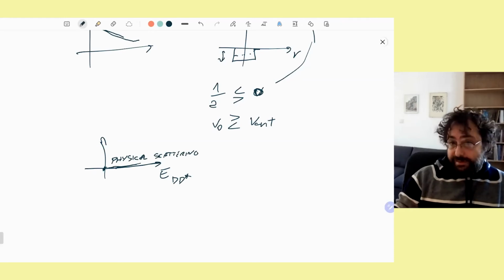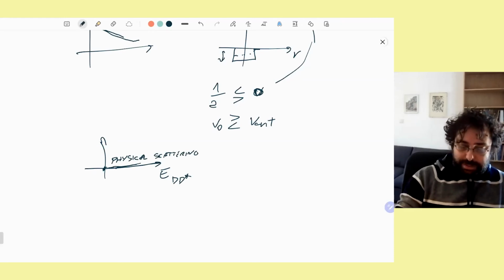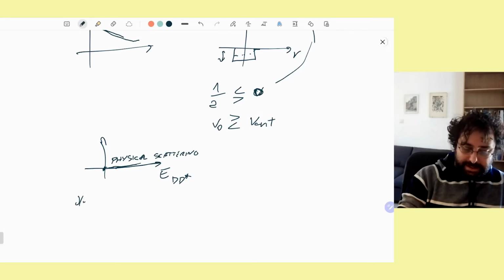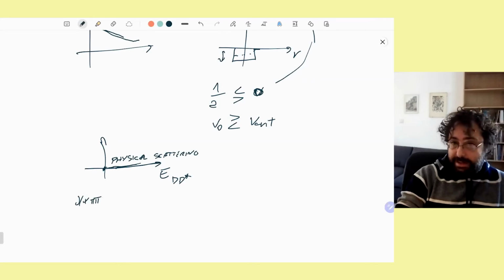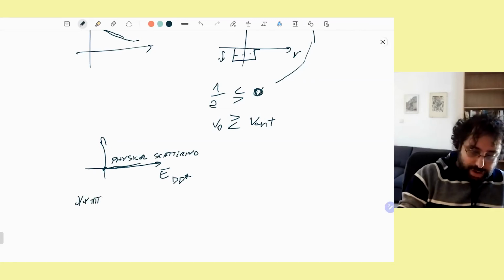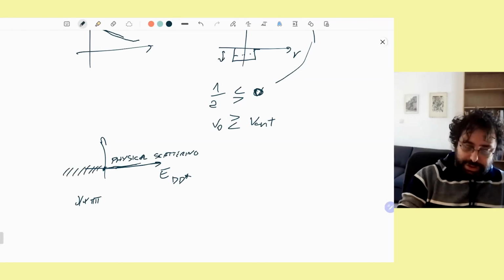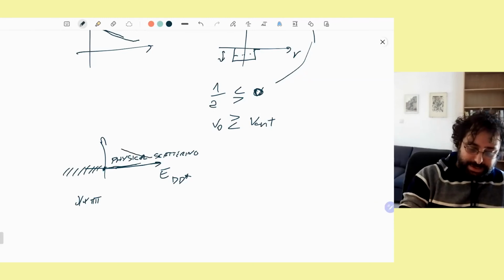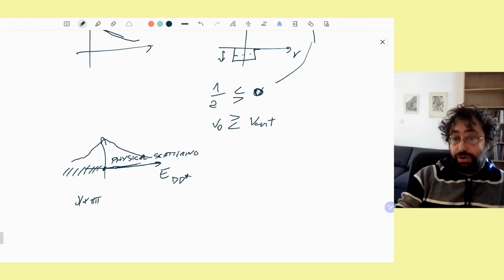Okay, since you have other channels that couple to this, for example, J/psi pi pi in the case of the X, you are actually able to probe this region below threshold. So in some sense to study the behavior of the scattering amplitude also below threshold, okay?